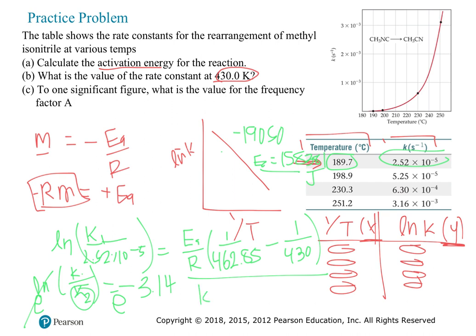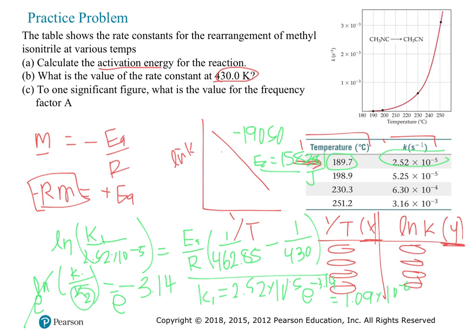So we get K1, which we're trying to find, is 2.52 times 10 to the negative 5th times e to the negative 3.14, which gives us a value of 1.09 times 10 to the negative 6.